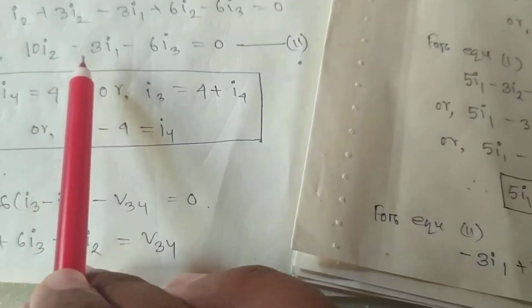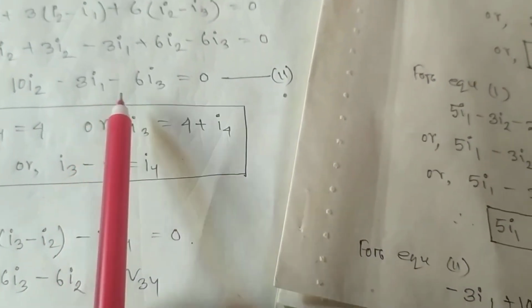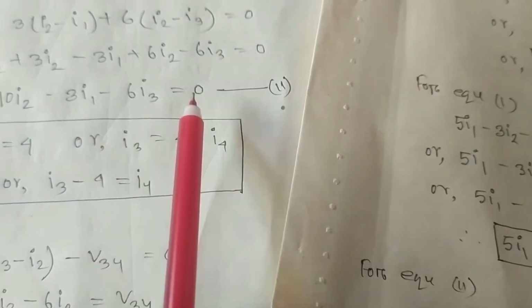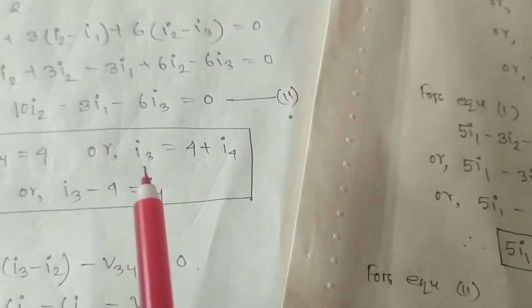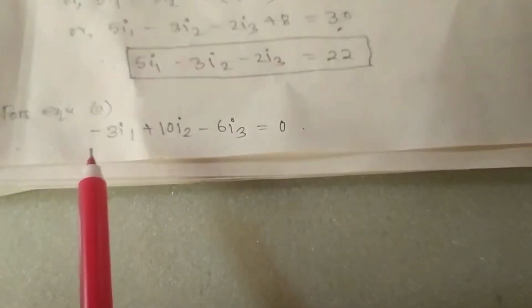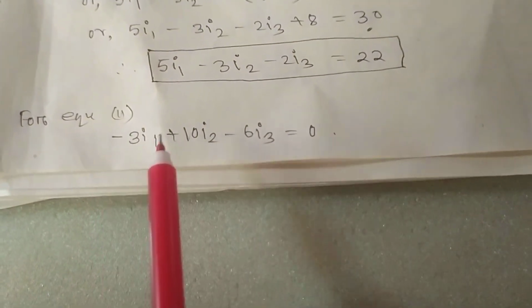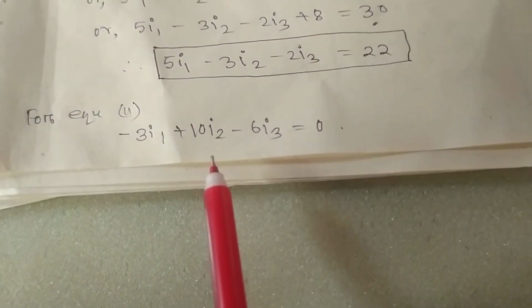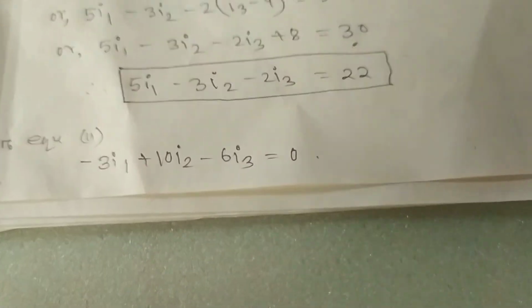For equation 2, 10 I2 minus 3 I1 minus 6 I3 equals 0. Ordering I1 first, I2 second, and I3 last, that equation is minus 3 I1 plus 10 I2 minus 6 I3.